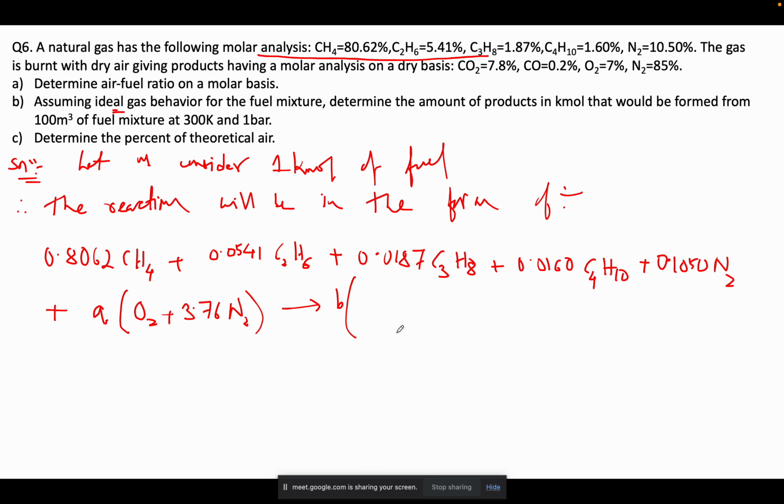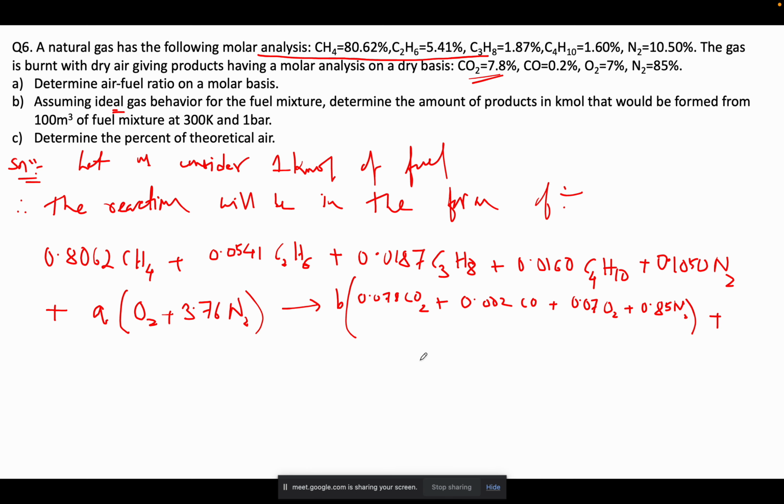If there are B moles of dry product, then carbon dioxide produced will be 0.078 into B. Similarly, 0.002 carbon monoxide, then oxygen 0.07, and then nitrogen 0.85. Okay, these are the dry products.